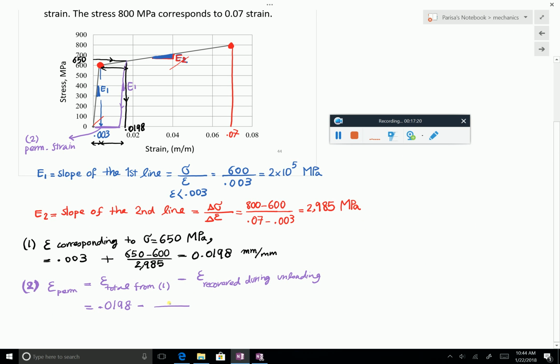It would be just 650 divided by E1, which we calculated before, because it goes down like E1, like the slope in the beginning. And if you do the calculations, and if I have done this right, you will get something like 0.0165. And this is this point.